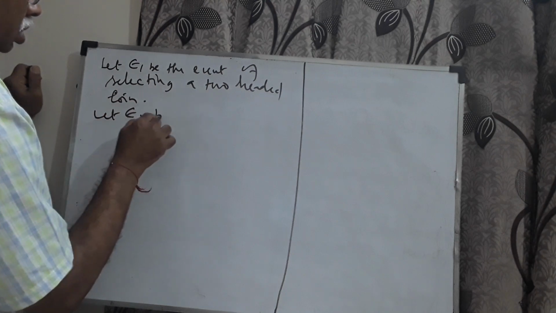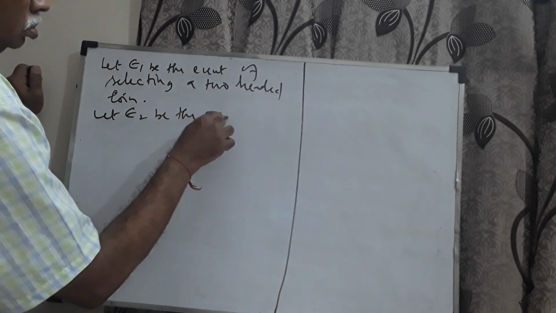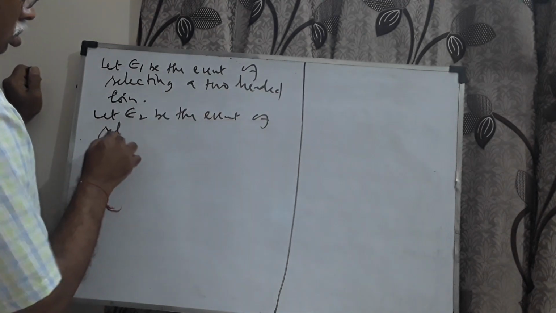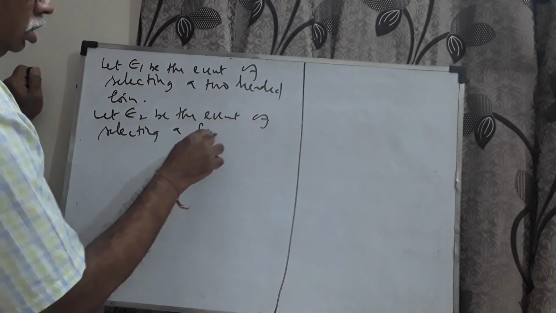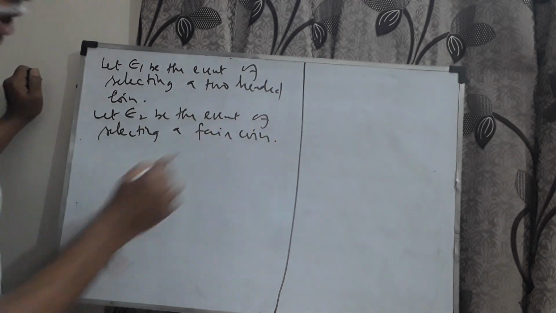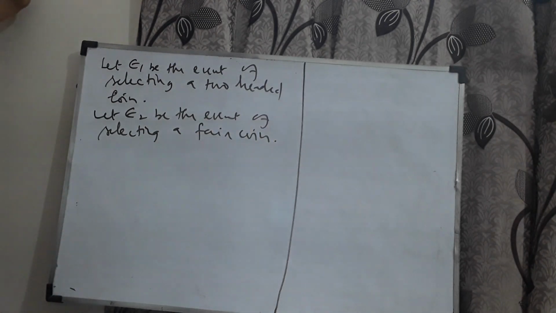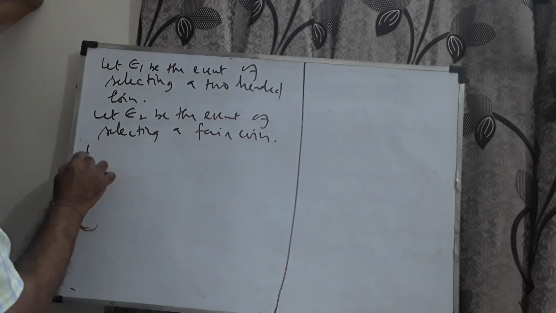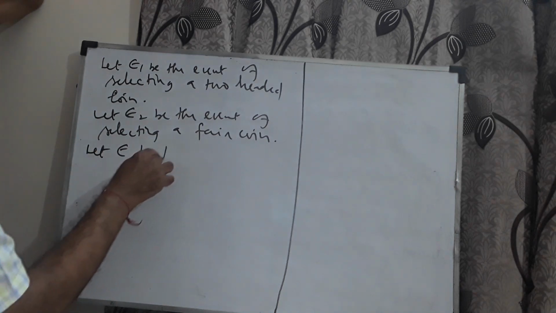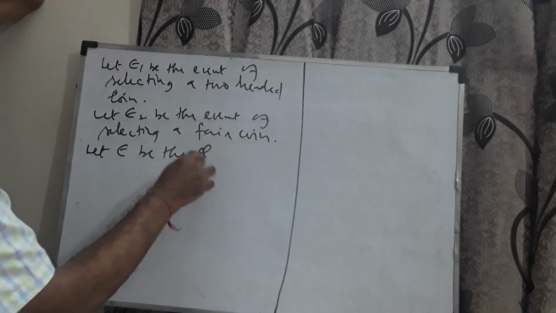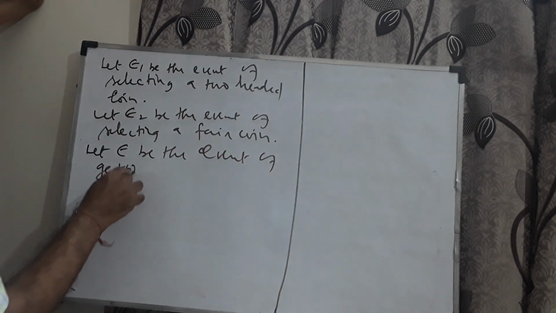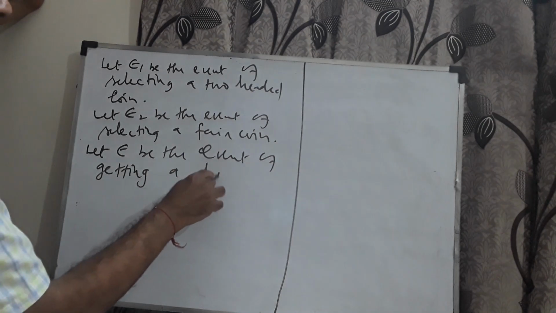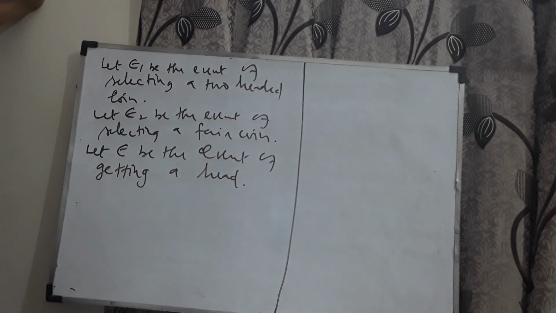Let E2 be the event of selecting a fair coin, in which one side is head, other side is tail. That's the meaning, fair coin. Let E be the event of getting a head when we toss a coin.